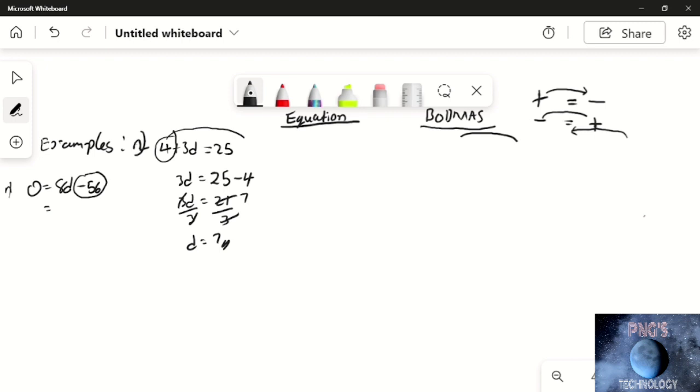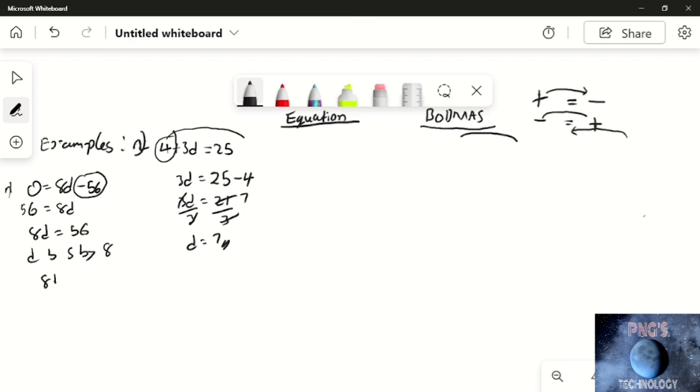So we have 56 equals 8d. So 8d equals 56. So divide both sides by 8 because 8 is the coefficient of d.